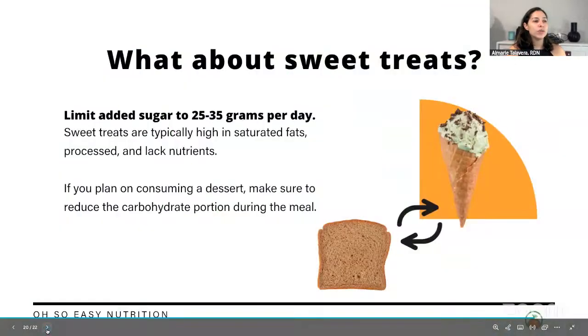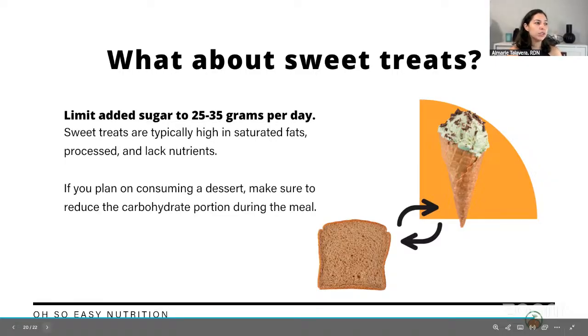So what about sweet treats? Does that mean that you're never going to be able to have candy or ice cream or brownie? Absolutely not. You can still have all of these foods. I want you to limit the amount of added sugars to 25 to 35 grams per day. And the reason is when we start limiting these added sugars, we're also going to start limiting a lot of the saturated fats, which can also play a role in heart disease, in preventing that.